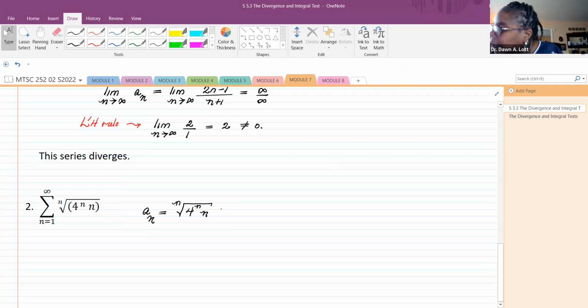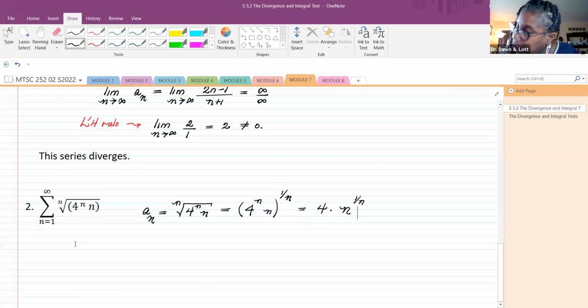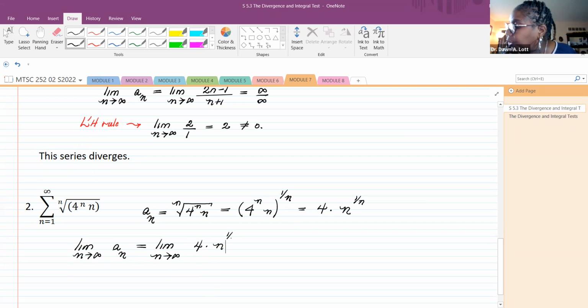Now I can simplify that as 4 to the n times n raised to the 1 over n power. 4 to the n to the 1 over n is just 4, and then I get n to the 1 over n. So the limit as n approaches infinity of a_n is the limit as n approaches infinity of 4 times n to the 1 over n.